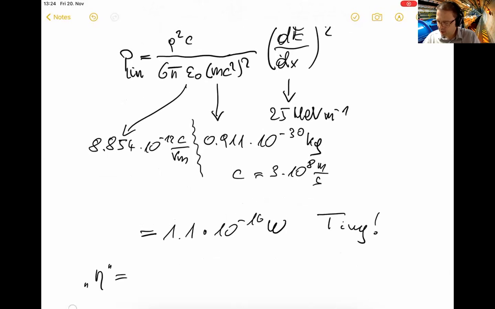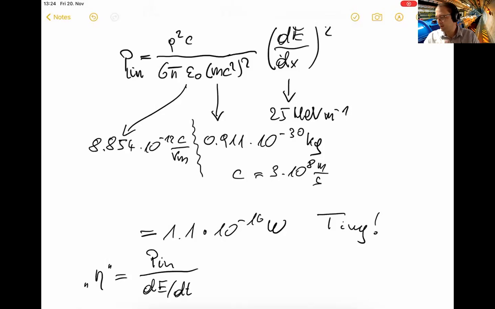So we take the P and divide this by 1 second, and divide this by the dE with respect to dt, and it is also tiny.